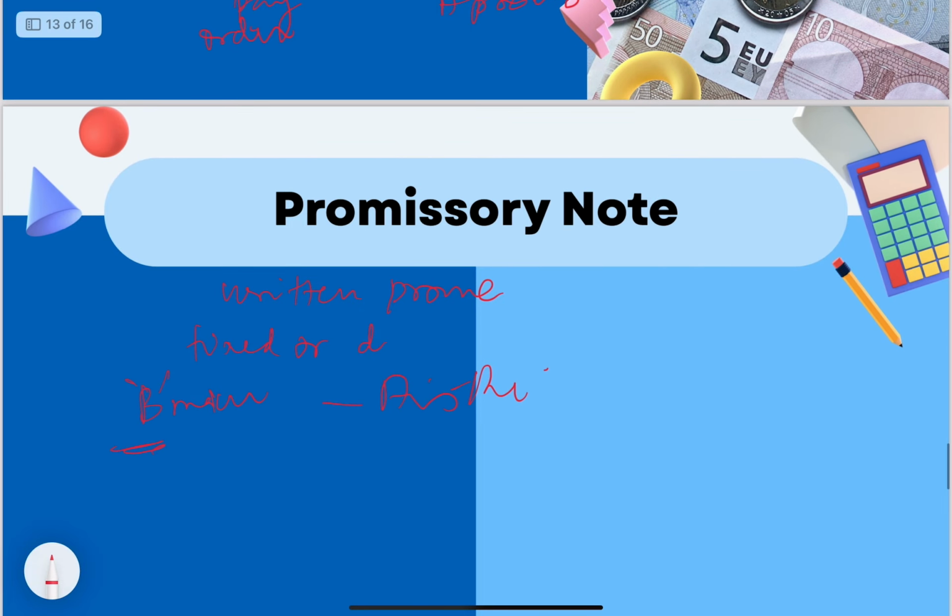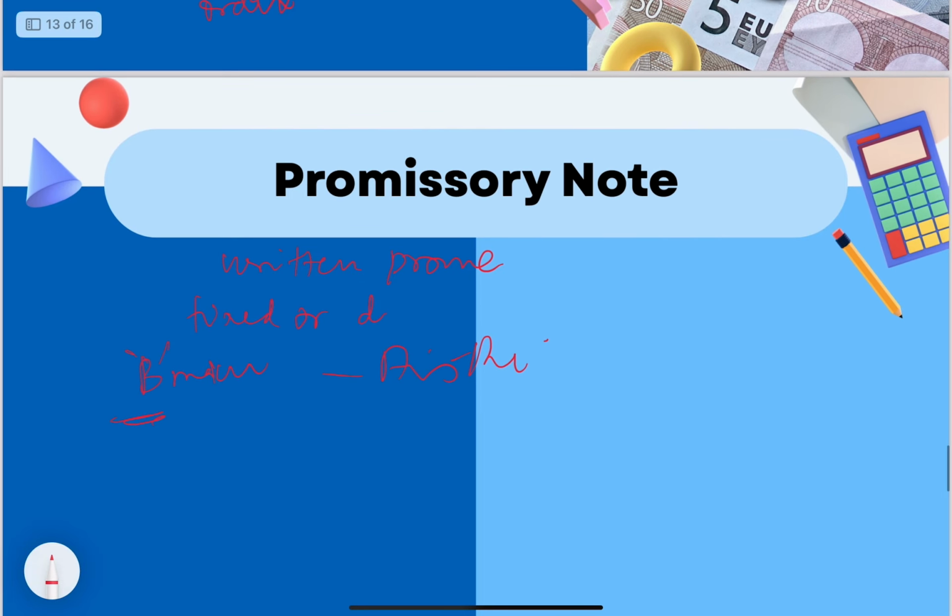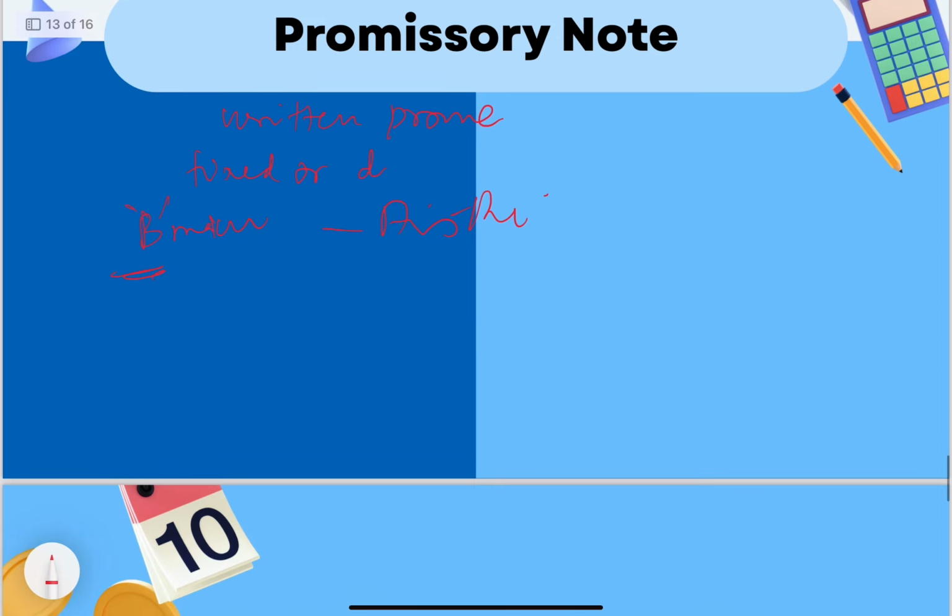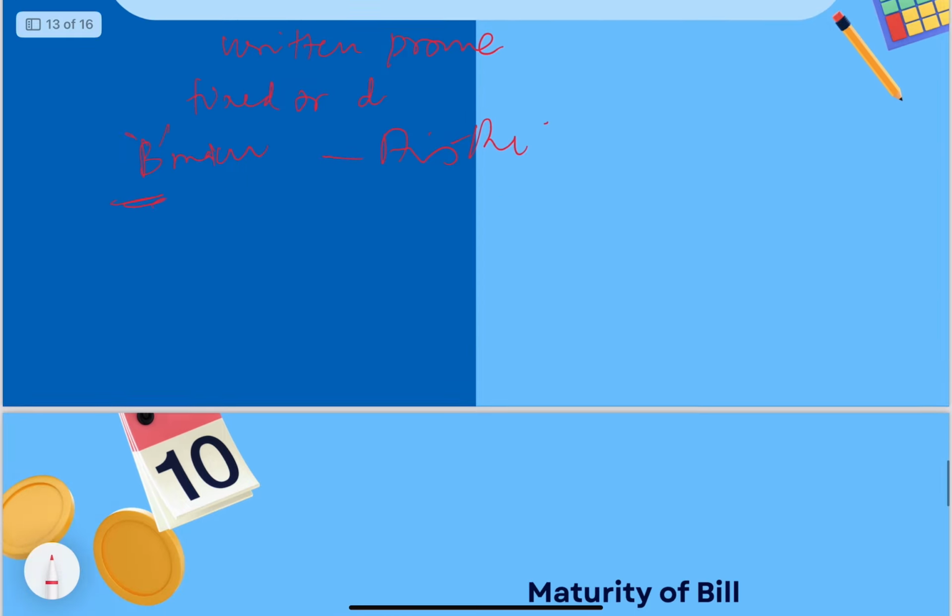I'll tell you again: a bill of exchange is a written order by one person to another to pay a certain amount of money to a third person or to himself in a fixed time, right? A promissory note is a written promise by one person to pay a certain sum of money to another person after a fixed time or on demand. So these are the explanations for this.